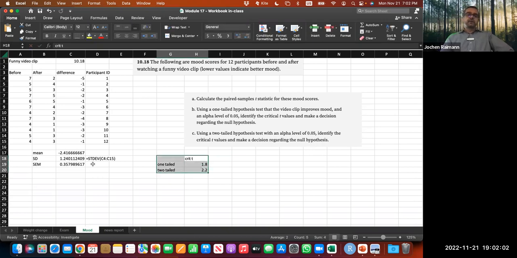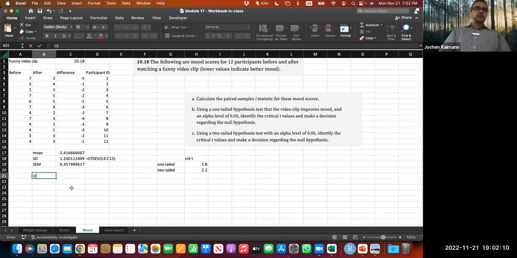So this being said, let's start with the two-tailed hypothesis first. Example C. Let's start with calculating the 95% confidence interval. For the lower limit, we calculate the mean difference minus the standard error of the mean multiplied by 2.2.